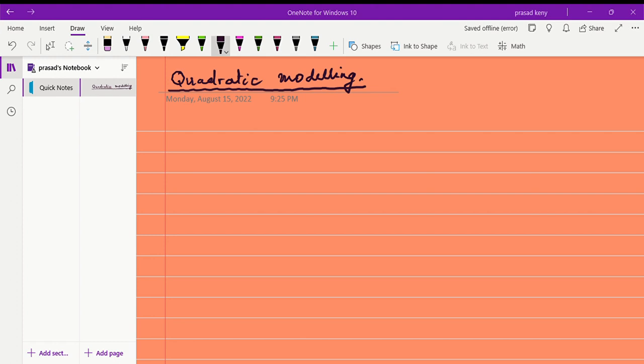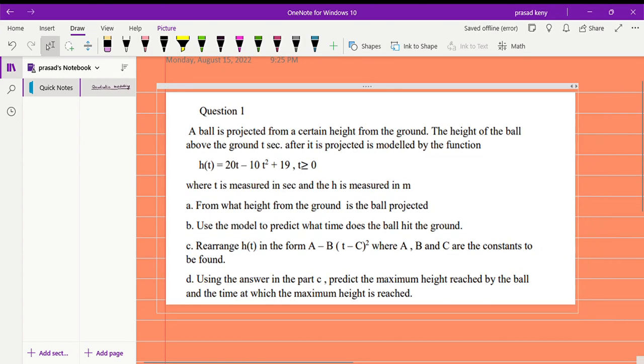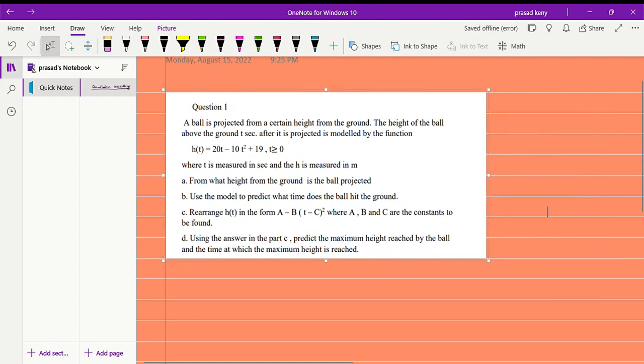So this is a past paper type question I'm putting here. Yes, so this is the question. A ball is projected from a certain height from the ground.